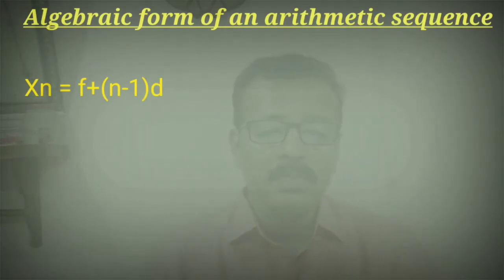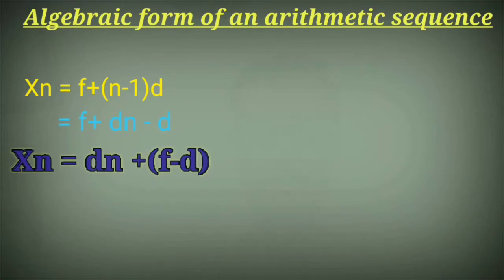While solving this, we can write it as f plus dn minus d, which again we can write as xn is equal to dn plus f minus d, which is the algebraic form of an arithmetic sequence. In your textbook you can find this formula for the algebraic form.